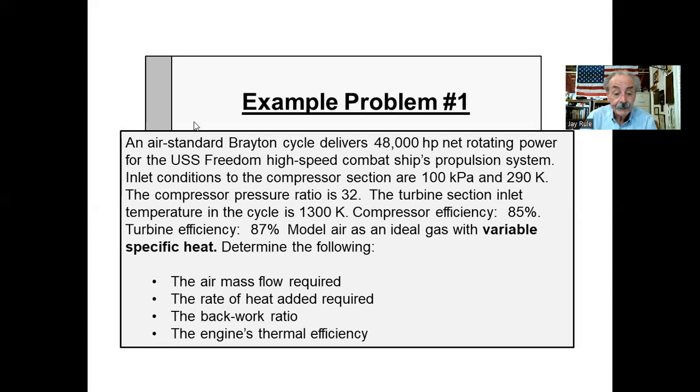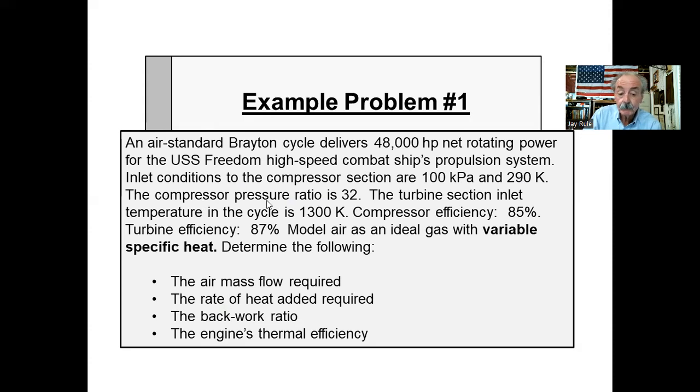Here we go. An air standard Brayton cycle delivers 48,000 horsepower of net rotating power for the USS Freedom high-speed combat ship's propulsion system. The inlet conditions of the compressor are 100 kPa, 1 atmosphere, and 290 K, room temperature.